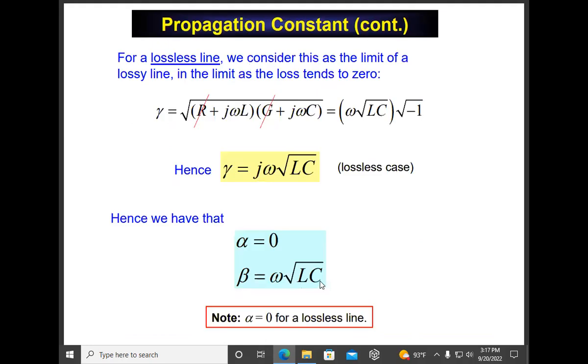For the lossless case, it's just a special case. We can handle the general lossy case now, but if it's a lossless line, we just get rid of both the R and the G. That's what a lossless line means: no resistive loss in the conductors, no dielectric loss either. Now you have the square root of j omega times j omega, so you get a net omega, and you get a square root of -1. Remember our agreement with the principal square root.